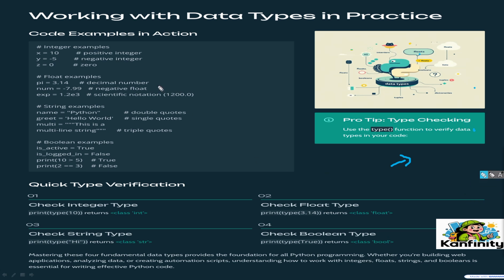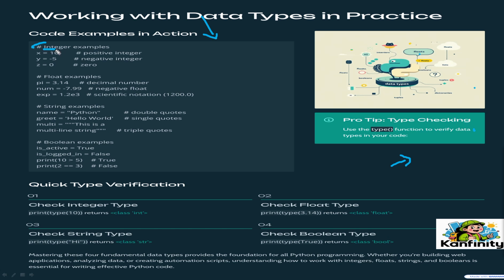Now in this video we are going to learn the examples of data types. These are the fundamental blocks of Python. The data types are fundamental for every Python program. These are some examples we are going to see in this video.